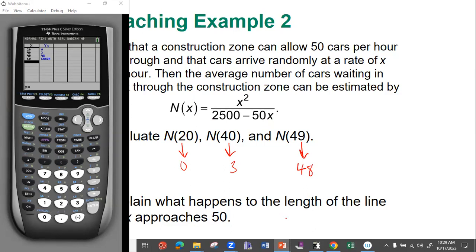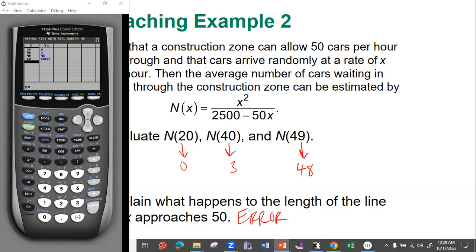So it says, what happens to the length of the line? Uh-oh, it doesn't work. We get an error. Something goes wrong. So if we allow it to get up to that, then we're in trouble, right? We're like, oh no, we're now colliding, jam-packed.